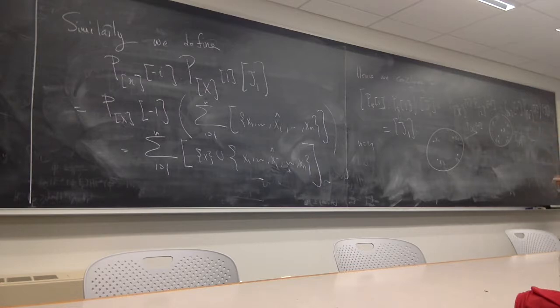So these are those cycles. I can get something like this: I remove x2, or I remove x1, like that. Or I can just remove the point in the middle.